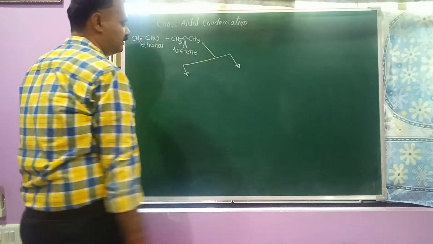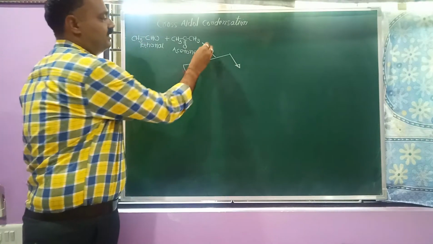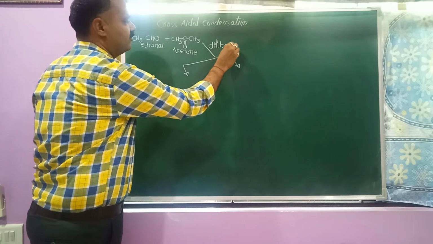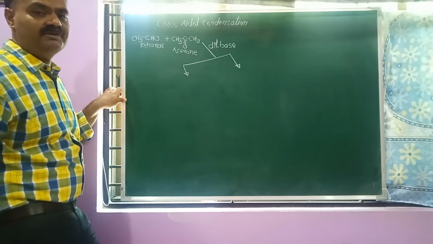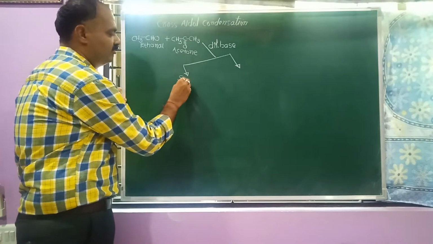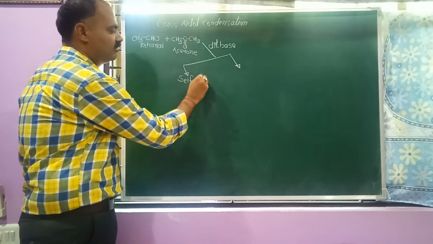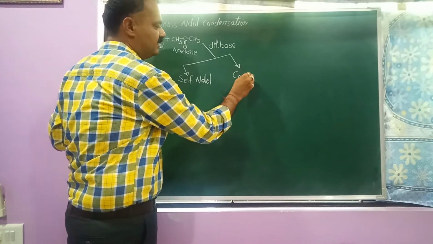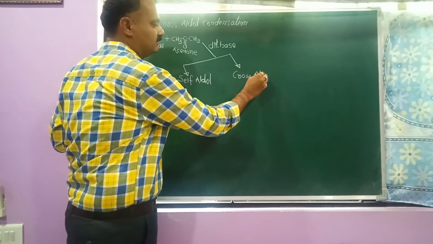Please remember, when we have a reaction in presence of dilute base, we are talking about aldol, in which we have two types of reaction. One is self aldol. Another reaction is cross aldol.